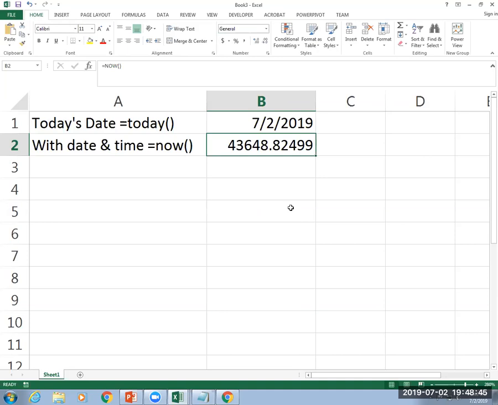In Excel, every single date is determined not by the date, but by how many days it's been since January 1st, 1900.